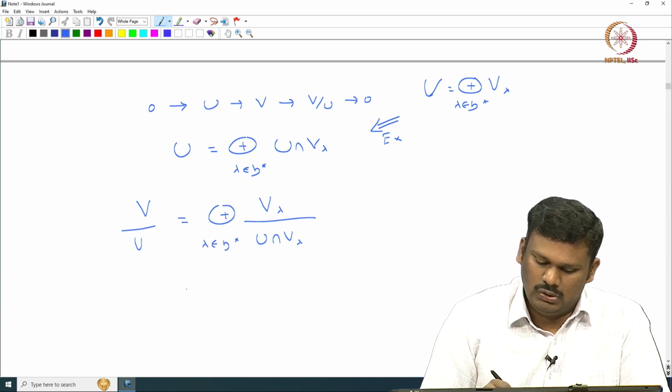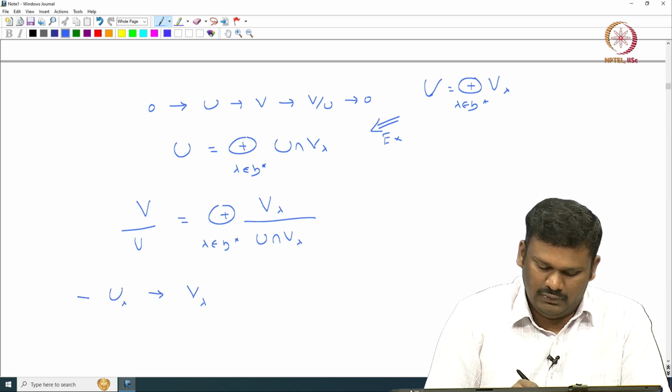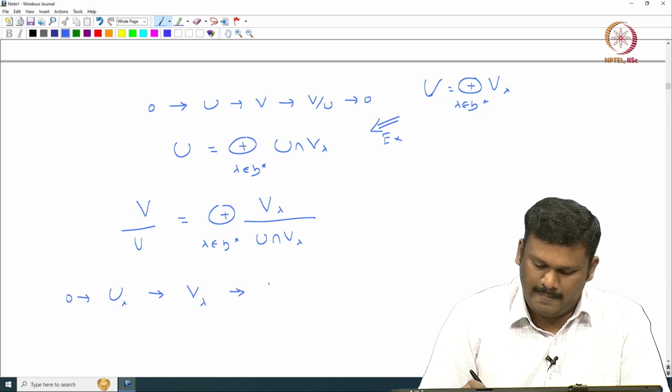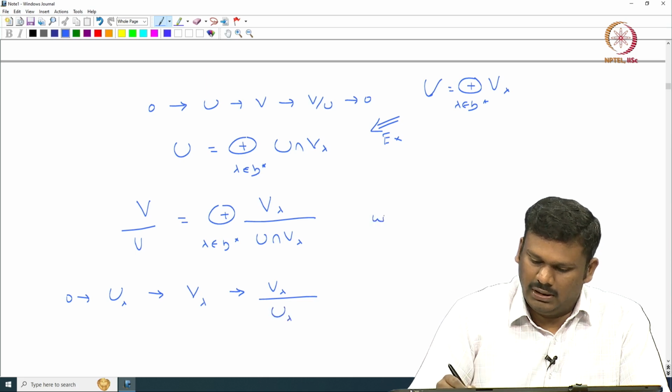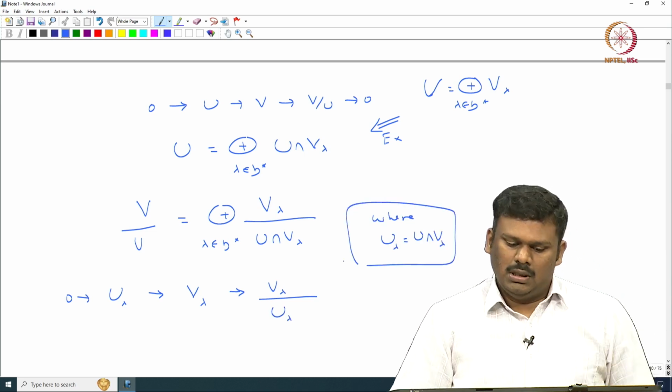So, in particular you have this exact sequence at the level of the lambda weight space, where U_lambda is U intersection V_lambda. Okay.